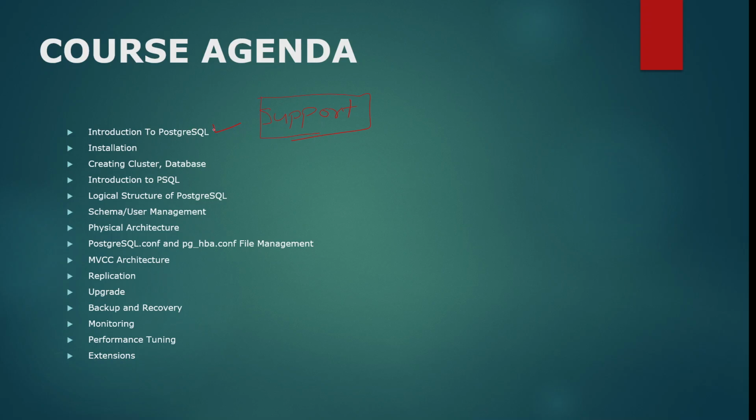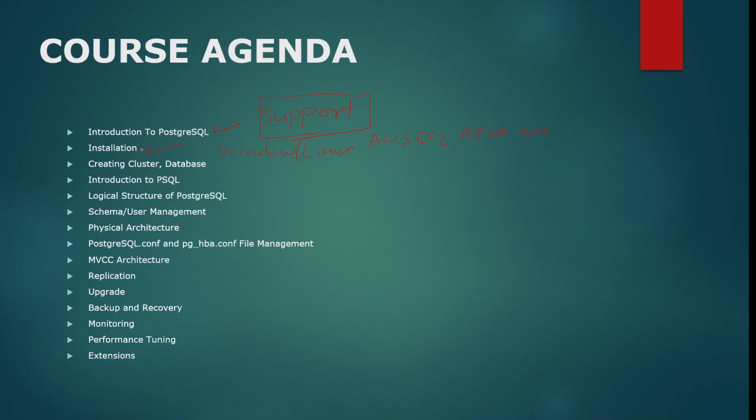Once that is done, we'll continue with the Postgres installation. In installation, we'll see how to install it on Windows, how to install it on Linux, different platforms of Linux. Also, we will see how to install Postgres on an AWS EC2 machine, then on Azure virtual machines.